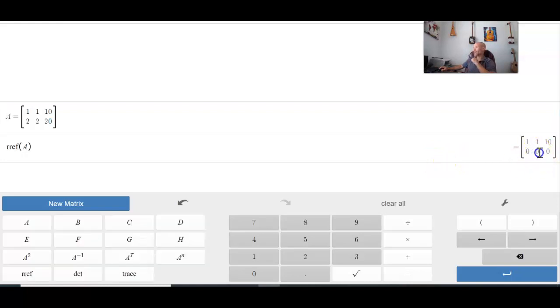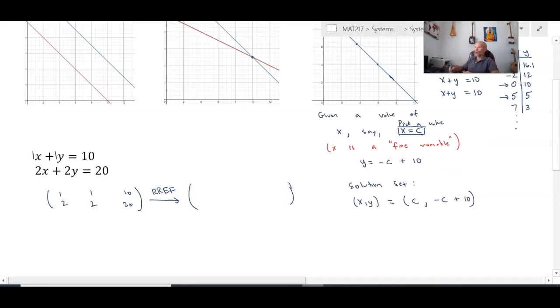We can't get this component, second row, second column, to become a 1, because there's nothing we can scale this row by to make a 0 into a 1. So we get 1, 1, 10, which notice is just the first equation in this case, and 0, 0, 0. So coefficients of x, coefficients of y, equals constant.